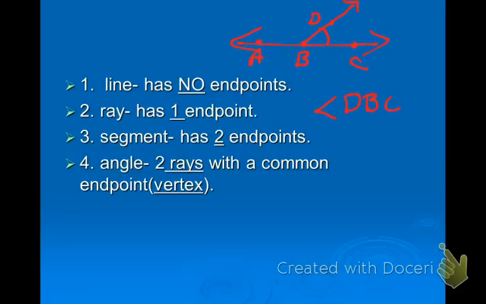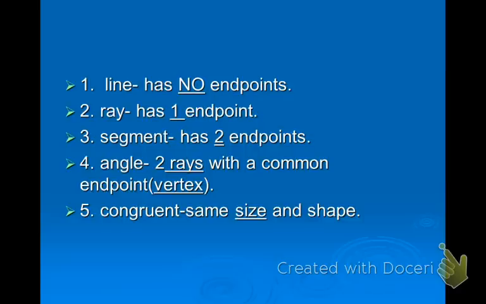This is angle DBC. It doesn't matter how long the rays are. It's really what part of a circle this is. That's what an angle is. So it's always measured in degrees, B being the vertex point here. Okay, and we'll talk about how to classify angles in a little bit.